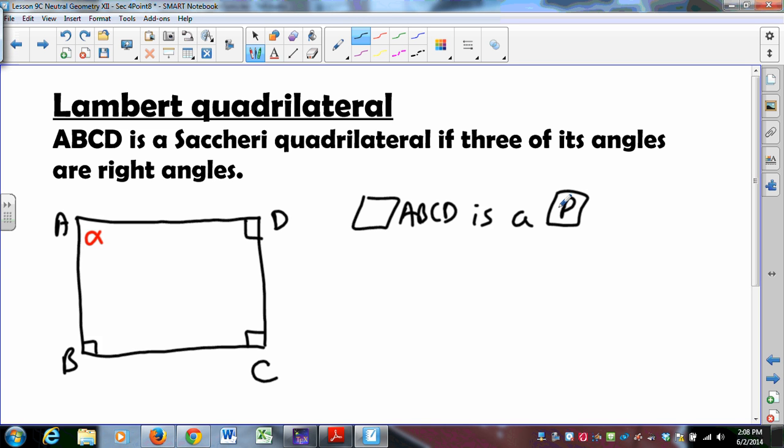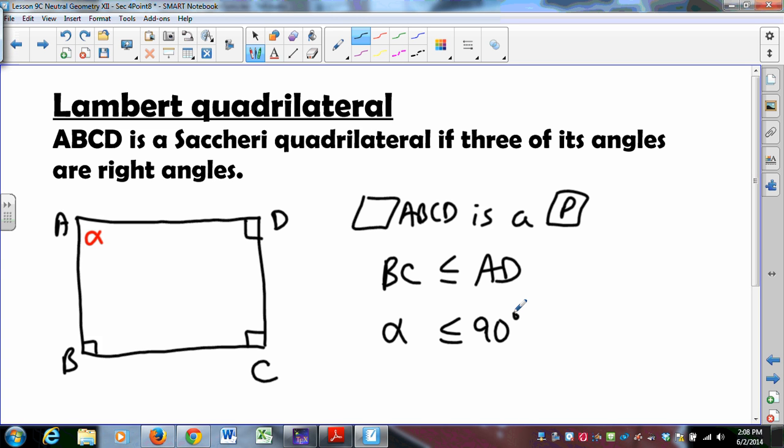He was able to show that BC is less than or equal to AD, and he was able to show that alpha is less than or equal to 90 degrees, but he was not able to show that alpha was 90 degrees. And so he failed in his quest to find a rectangle. So I'll ask you to prove some of those properties when we gather in class tomorrow.